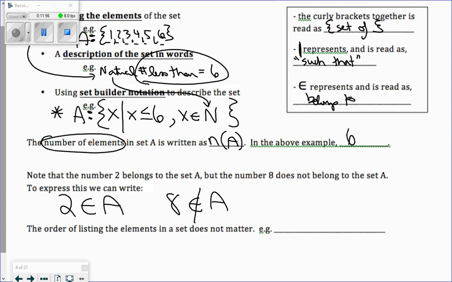So if you wrote the numbers less than equal to 6 as 6, 5, 4, 3, 2, 1, and I wrote 1, 2, 3, 4, 5, 6, it's the same answer. So as long as the stuff matches, it doesn't matter how you write the order. It's irrelevant. So if I write 1, 2, 3, 4, 5, 6, and you decide to be fancy and write 1, 3, 5, 2, 4, 6, just to be annoying, we're both still right. Okay.